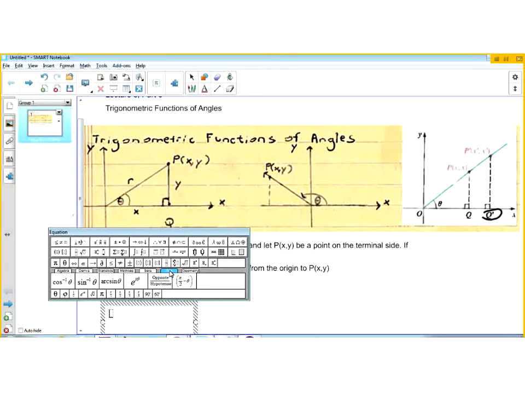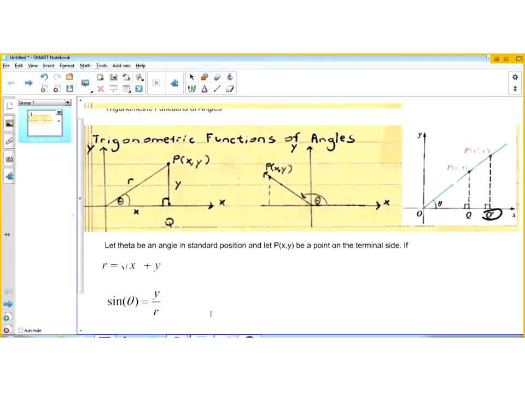Okay, so we'll have sine of theta is equal to y over r, the ordinate over the hypotenuse.